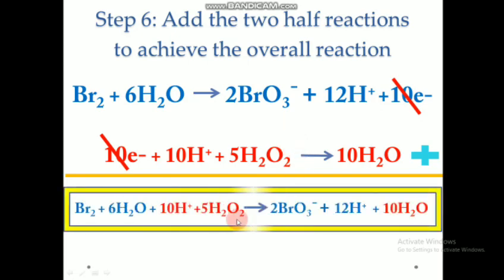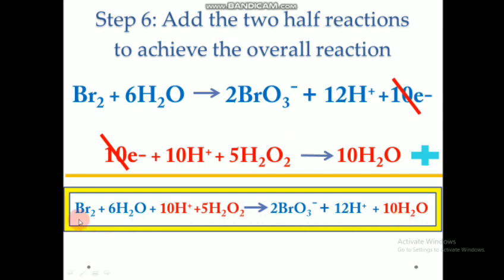Hence we get a reaction like this: Br2 plus 6H2O plus 10H plus 5H2O2, the reactant parts added together, and then the product part added together: 2BrO3 minus plus 12H plus plus 10H2O. Hence we get the overall balanced reaction. We can cancel off some factors here, but we are not doing it now. So this is the final equation, and how will we understand whether it is balanced or not?